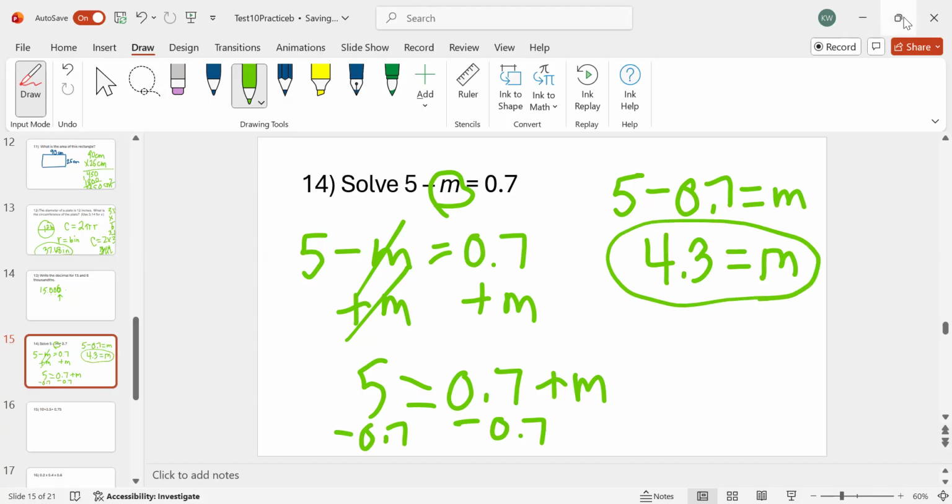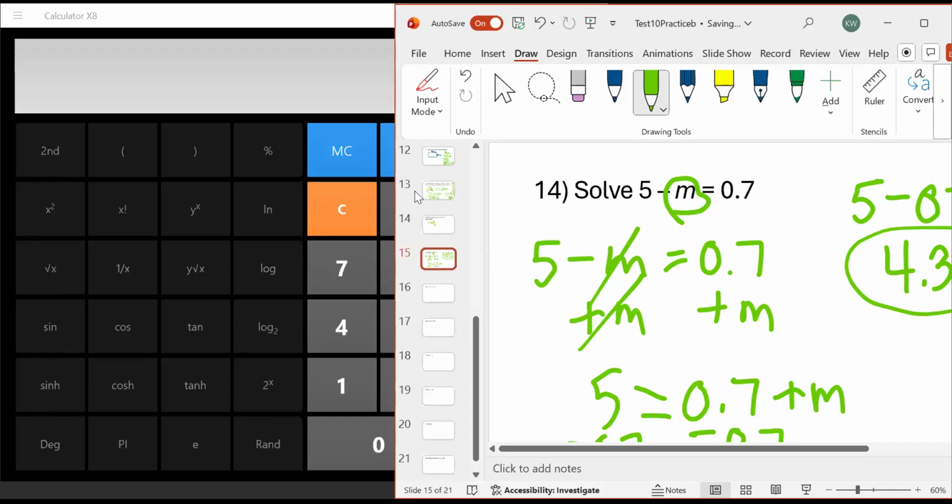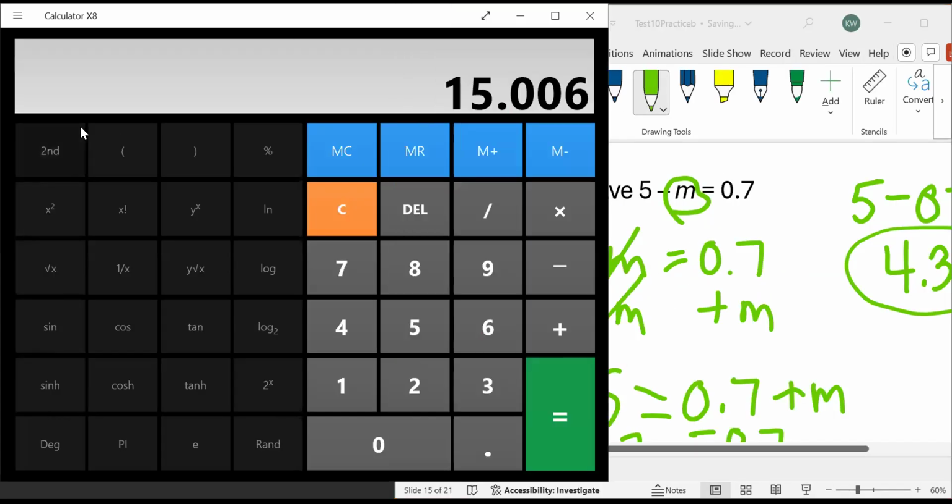So how would we do this with the calculator to show our steps? Well, clear this up. We have 0.7, and we want to rewrite it so that we're solving for m.